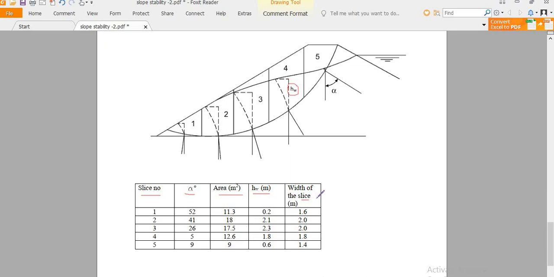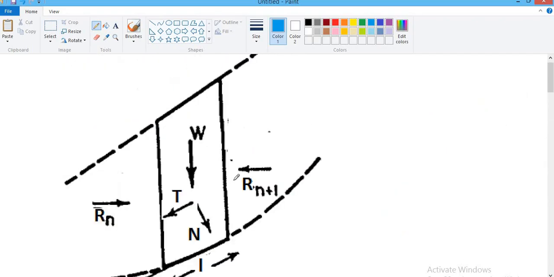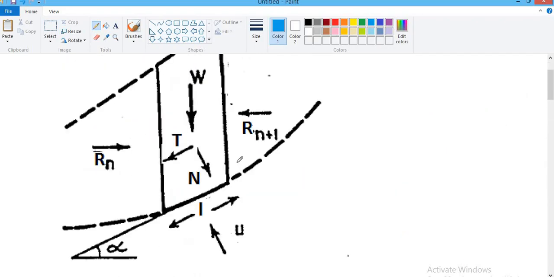You may wonder why we need the width of the slice.